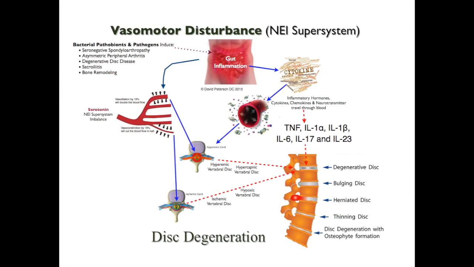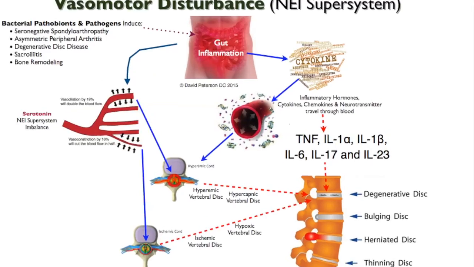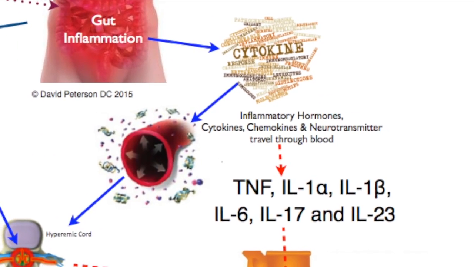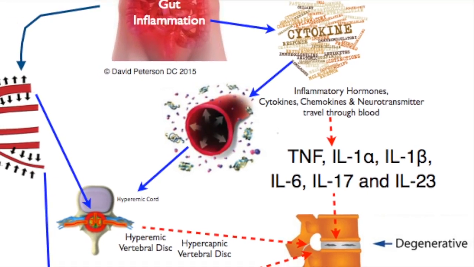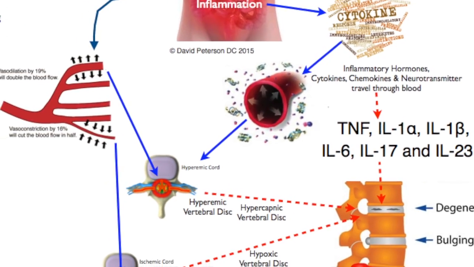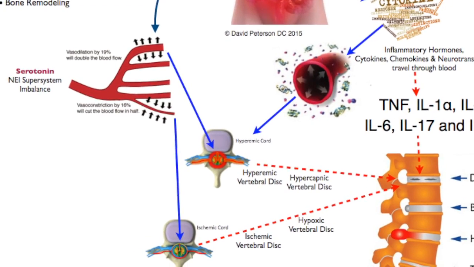This is made worse if bacteria are able to translocate into the blood supply. These cytokines and chemokines influence vasomotor control of the blood supply. The resulting vasodilation and hyperemia, or vasoconstriction and ischemia, cause inflammatory responses resulting in tissue damage in different ways.